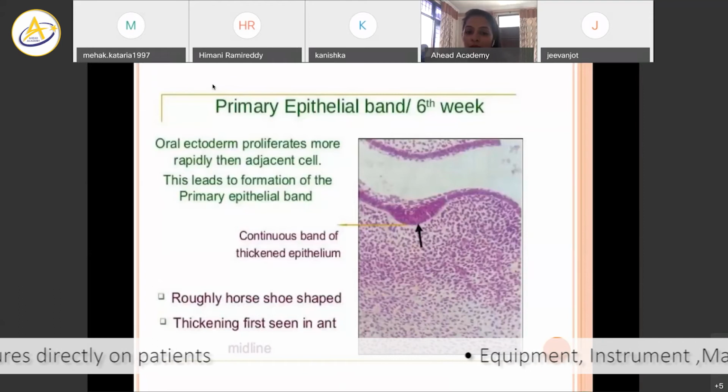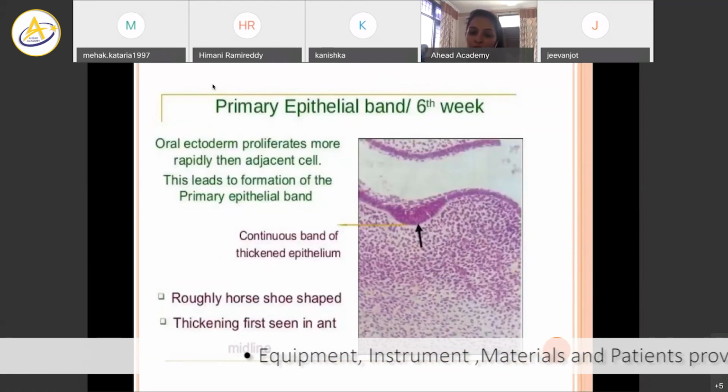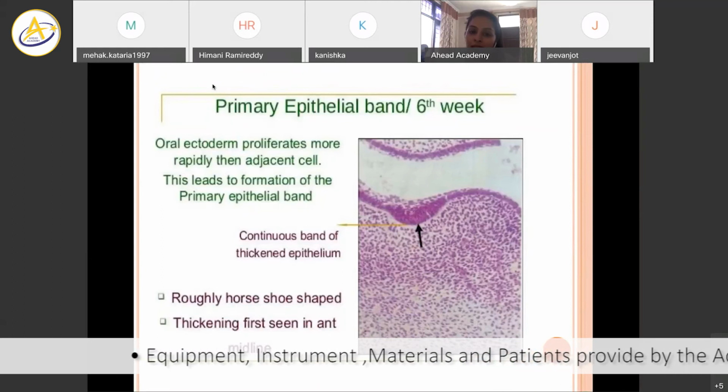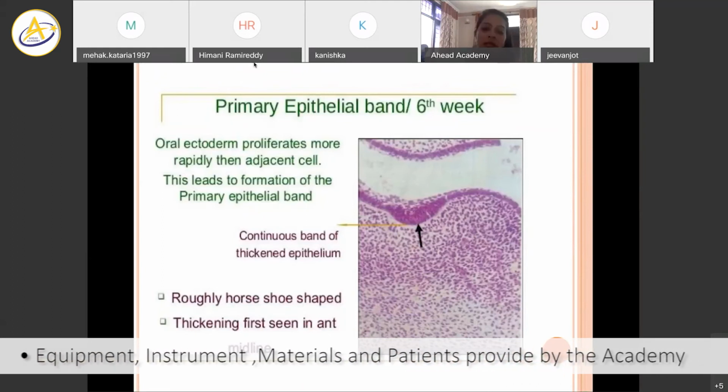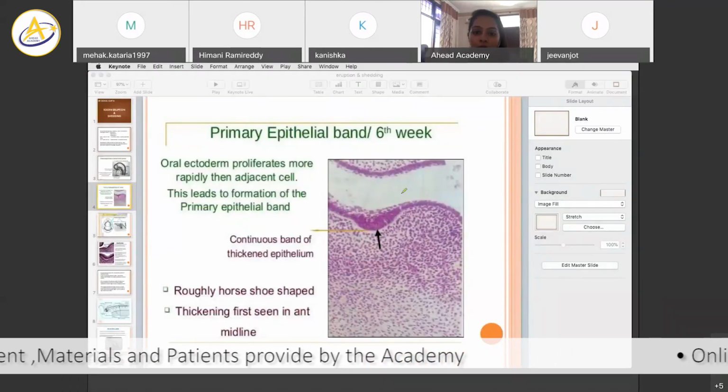Here is the continuous band of thickened epithelium that we see, marked by this black arrow.